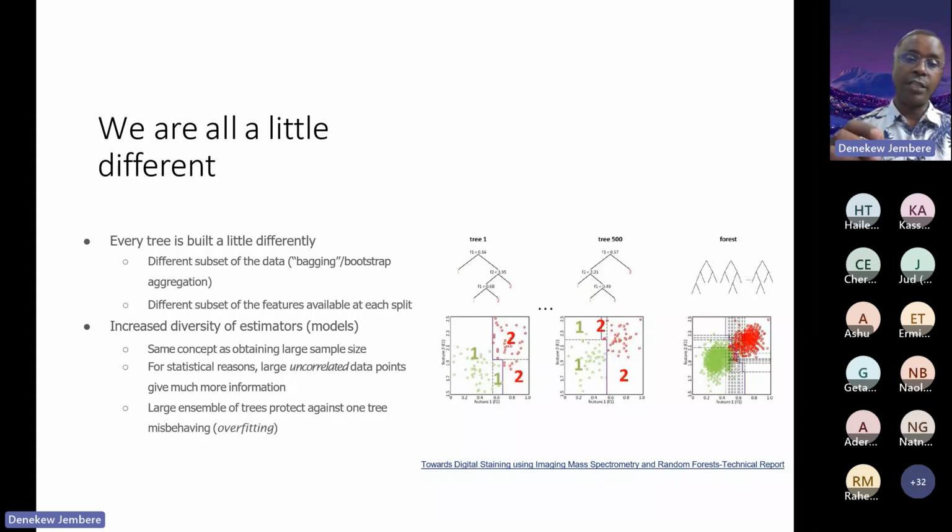So every tree is built a little differently, as we saw. Different subsets of data in case of bagging or bootstrapping aggregation. Again, in the case of features, we said different subsets of the features are available at each split. Then this entirely is the random forest regressor. The random forest regressor does two things. The first is using a subset of the data, and the second is using a subset of the features in each scenario.